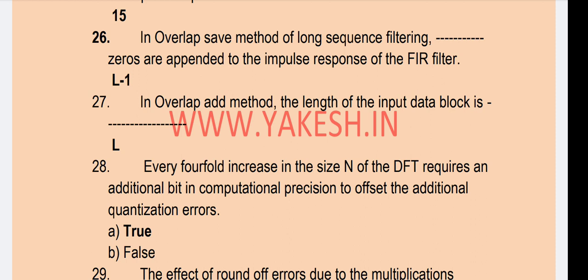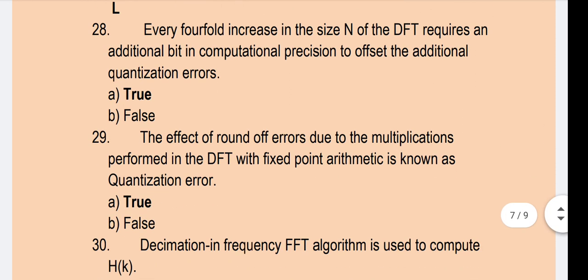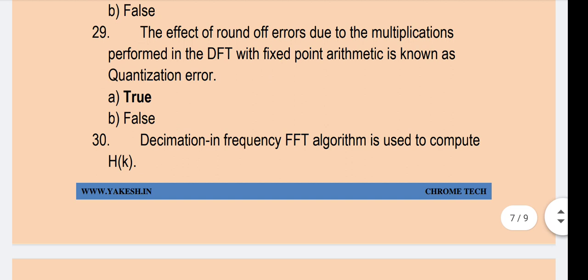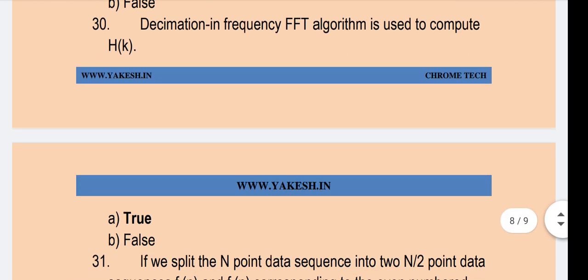In the overlap add method, the length of the input data block is L. Every increase in size N of the DFT requires an additional bit of computational precision to offset additional quantization error. True. The effect of round-off error due to multiplication performed in the DFT with fixed point arithmetic is known as quantization error. True. The decimation in frequency FFT algorithm is used to compute H(k). Option A, true.